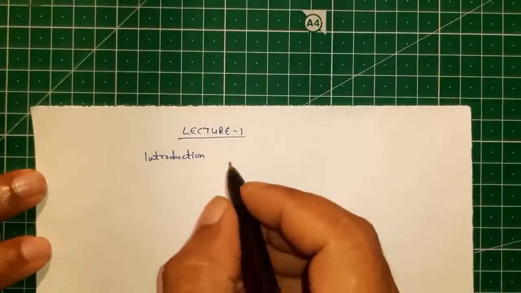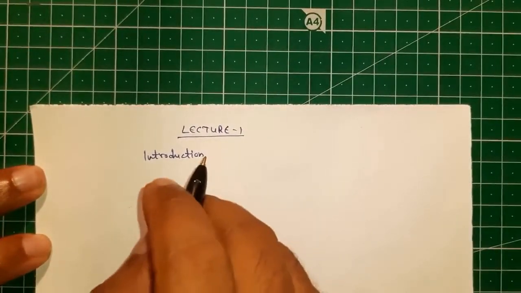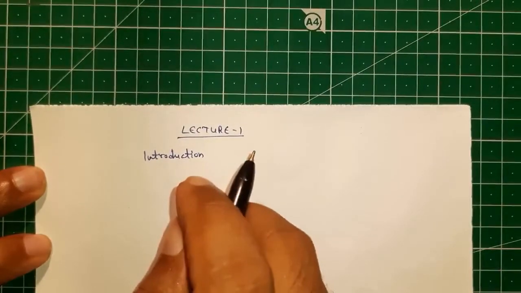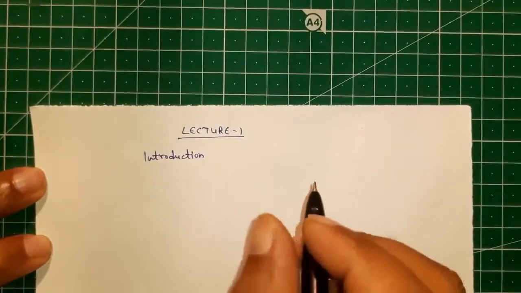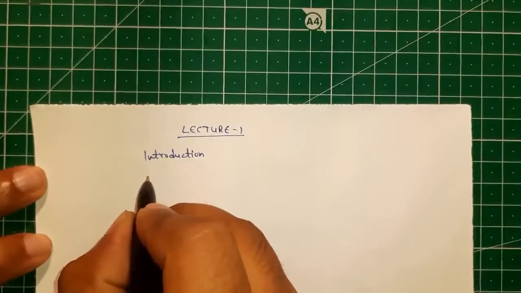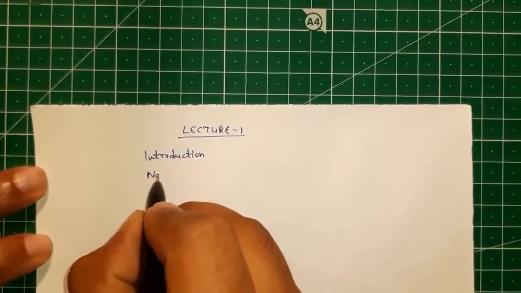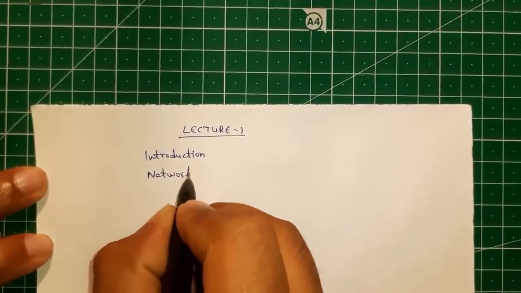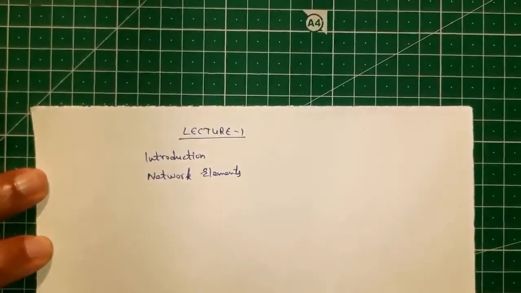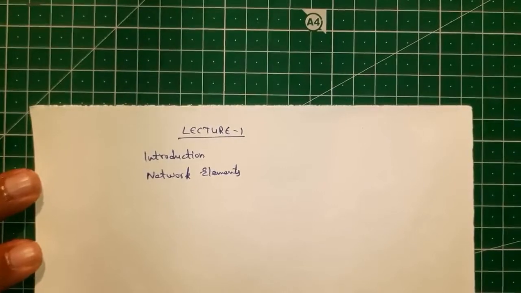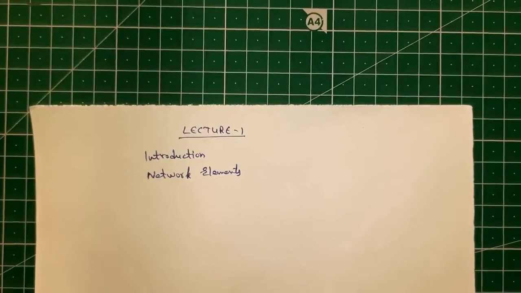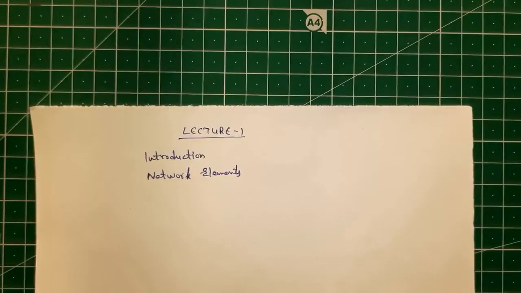We will be reviewing what is a network, what are the various types of network like filters, attenuators, etc. Then we will move to network elements, that is the various types of network elements. We have already heard about linear elements, non-linear elements, active bilateral elements, etc. So we will be seeing examples for each of these.